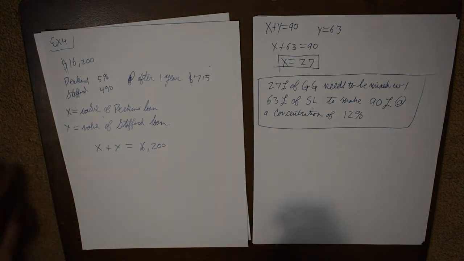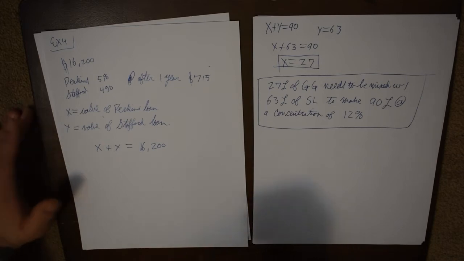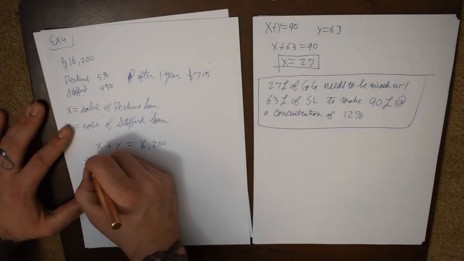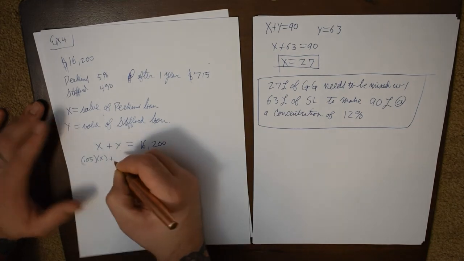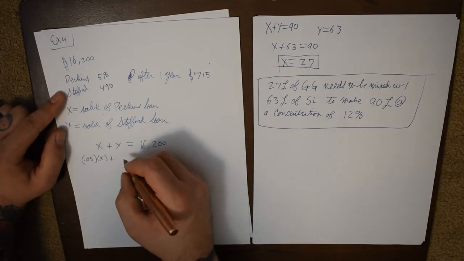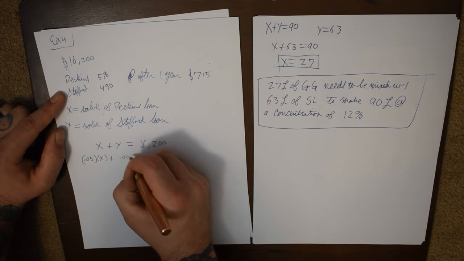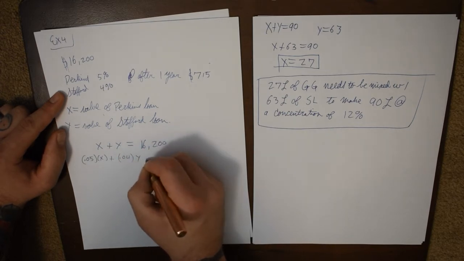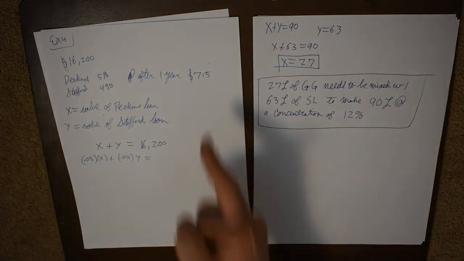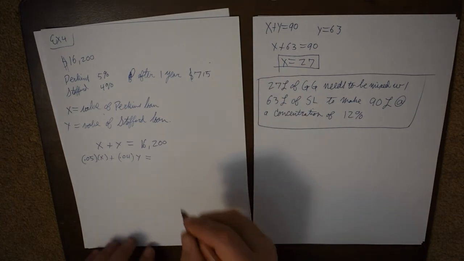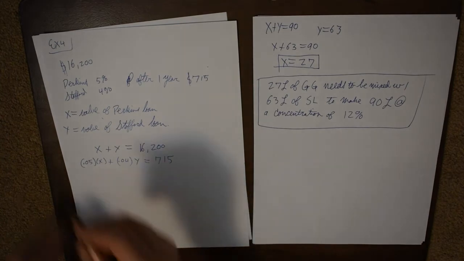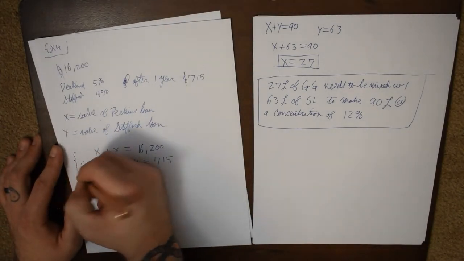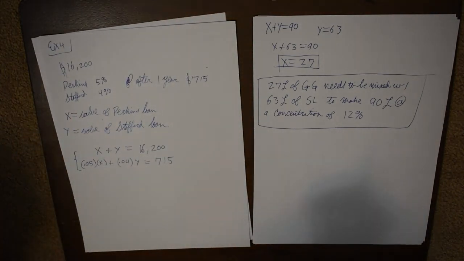And we also know that the interest we pay on the Perkins loan, 0.05 times x, plus the interest we paid on the Stafford loan, 0.04 times y, is going to be equal to $715. And so this is our system of equations.